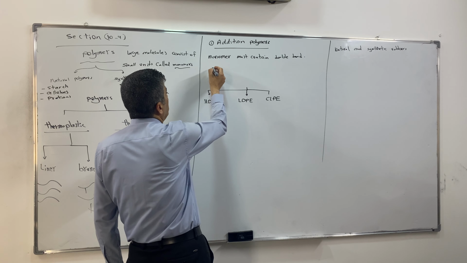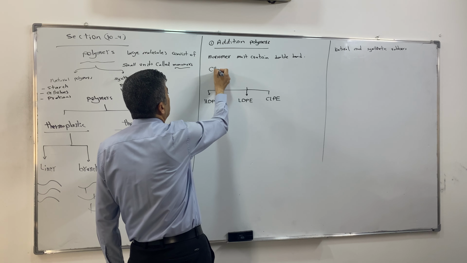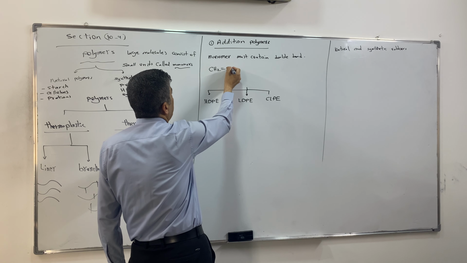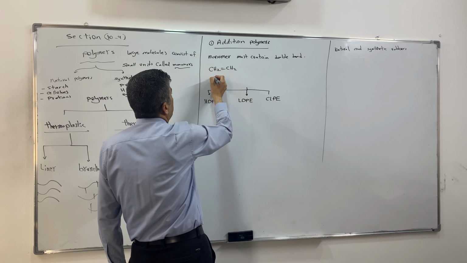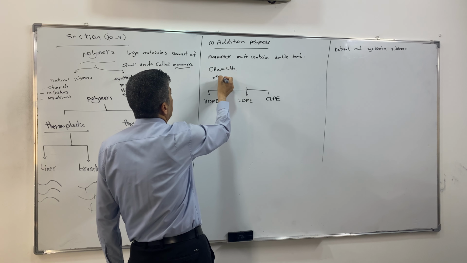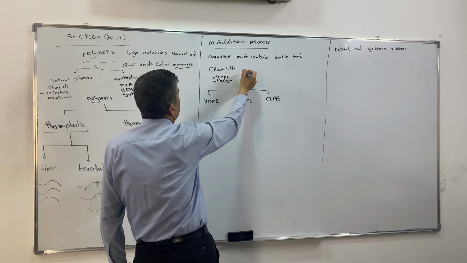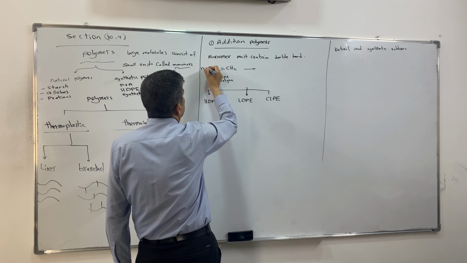We have an example of an addition polymer: ethene, or ethylene. This ethene will be polymerized as follows.